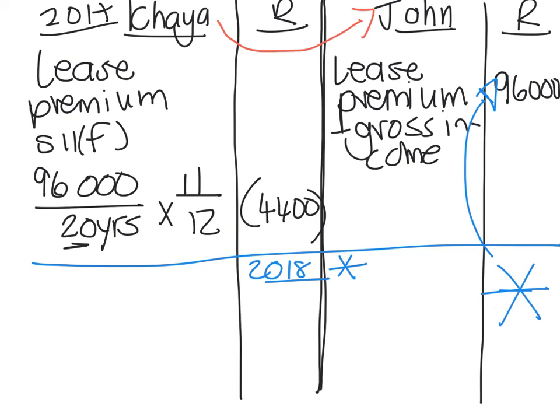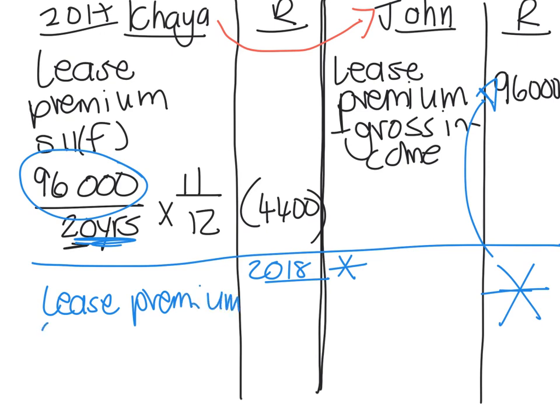However, for Kaya, who's not entitled to deduct the full 96,000 Rand in 2017, I mean, he's writing it off over the lease term of this agreement, we are going to have a deduction in 2018. So for 2018, for Kaya, we'll say lease premium, right? Again, you don't have to know the section number.